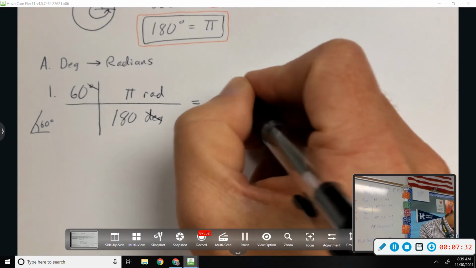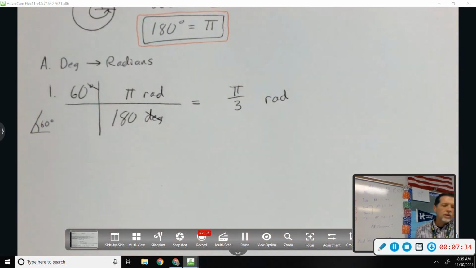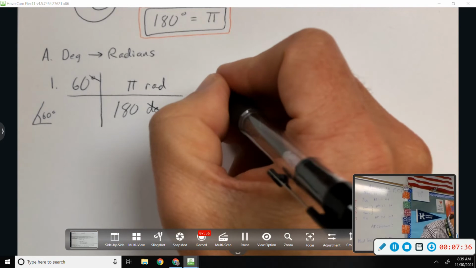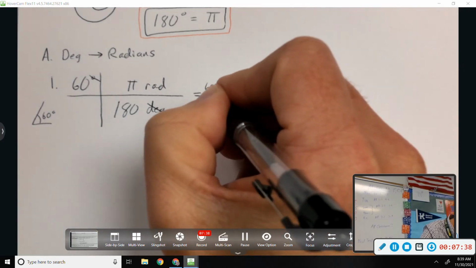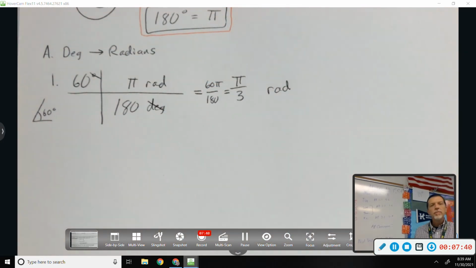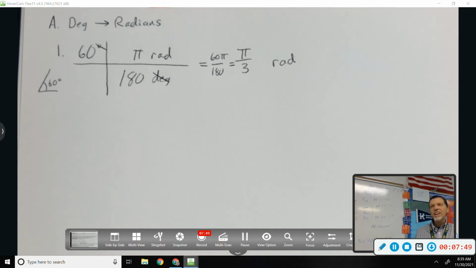So I'm going to just write that as pi over 3 radians. And maybe I should have shown an extra step in there. 60 pi over 180 is pi over 3. So there's a little bit of reducing, but most of them are sort of rigged to reduce kind of nicely. Usually don't have anything too weird.